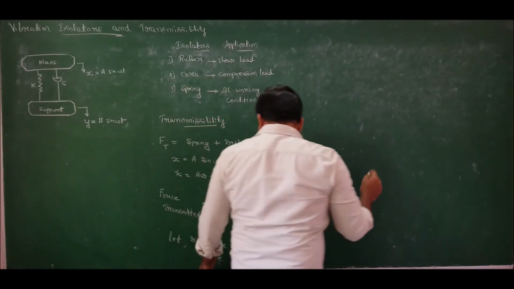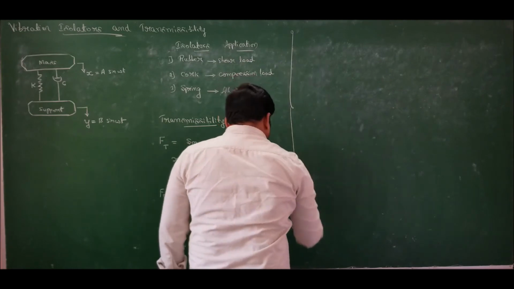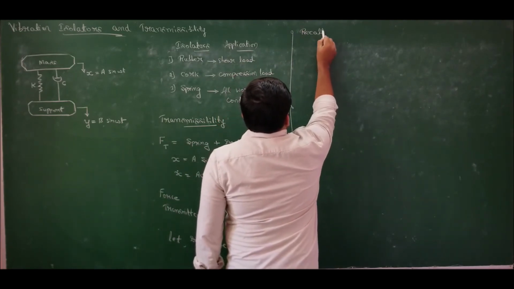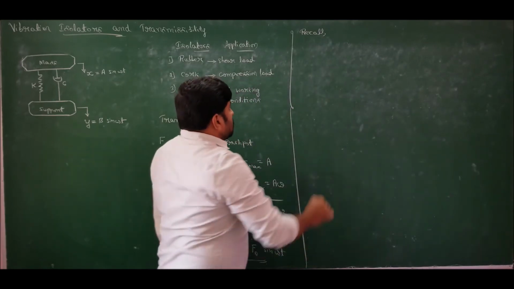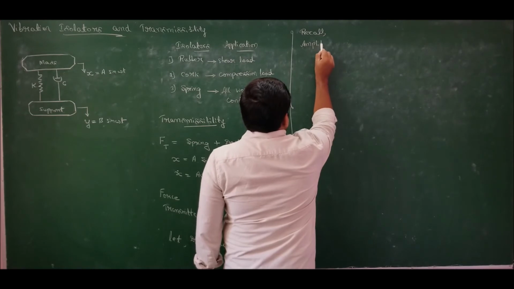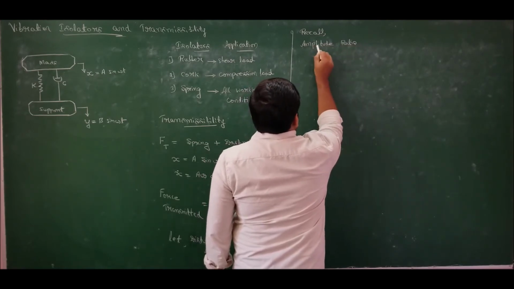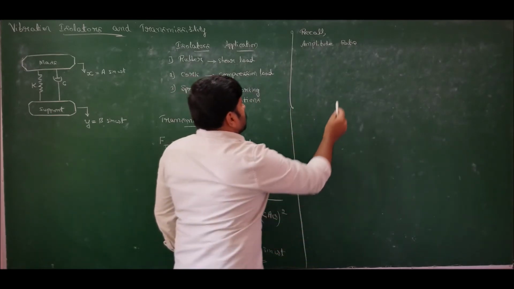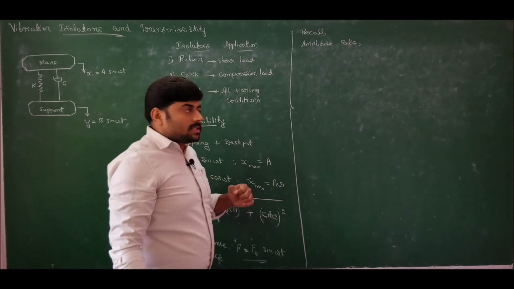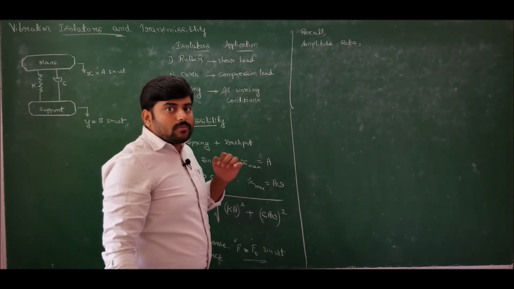So if the disturbance force is given by F equals F naught sin omega t, then recall the amplitude ratio. For all the derivations we will recollect the amplitude ratio and substitute for F0. So recall the amplitude ratio or magnification factor, which we discussed in lecture 1 of this module, forced vibration analysis using harmonic excitation.